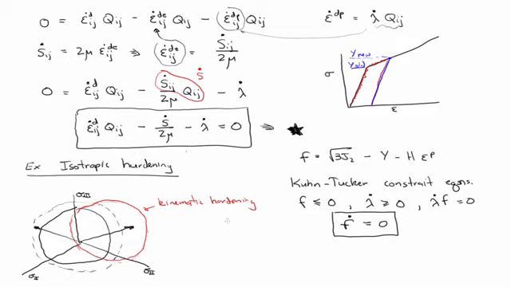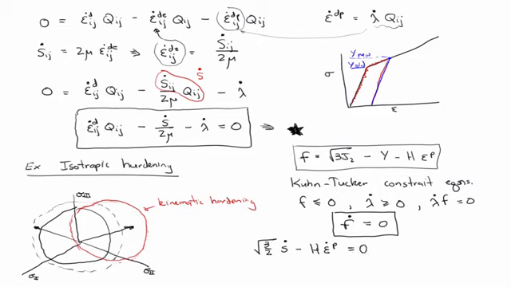Right? So if we compute f dot, so this is f, right? Compute f dot for that. We're going to have that the square root of 3 half s dot minus h epsilon dot p is equal to 0. And then if we plug in our definition for epsilon p, we have that the square root of 3 half s dot minus h times the square root of 2/3 lambda dot is equal to 0, okay? And we can solve that equation for s dot is equal to 2/3 h lambda dot.